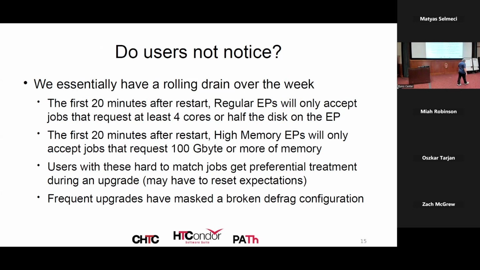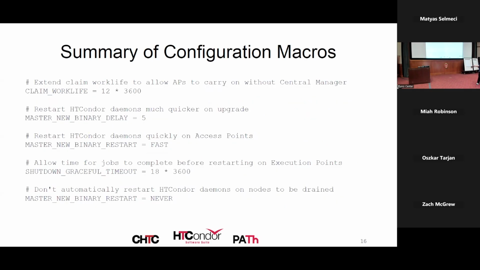Also, frequent upgrades have masked broken defrag configurations in our pool. Here's a quick summary of the configuration knobs: the claim work life, the binary restarts and graceful shutdowns. Those are for your reference if you want to cut and paste into your configuration.